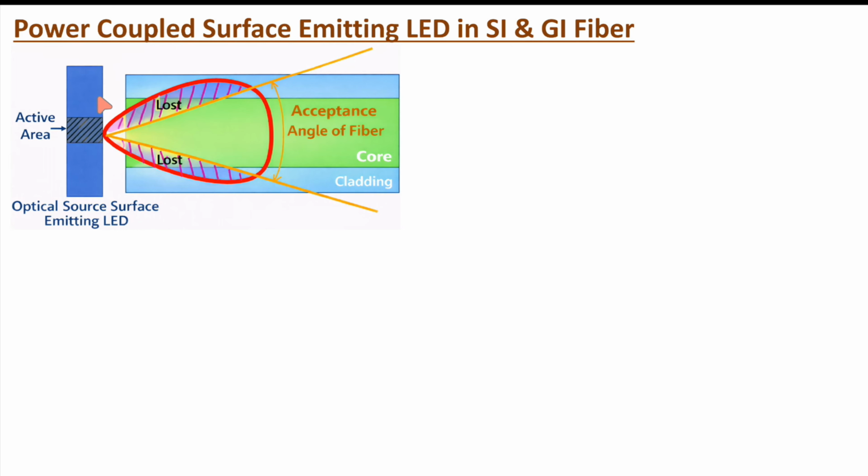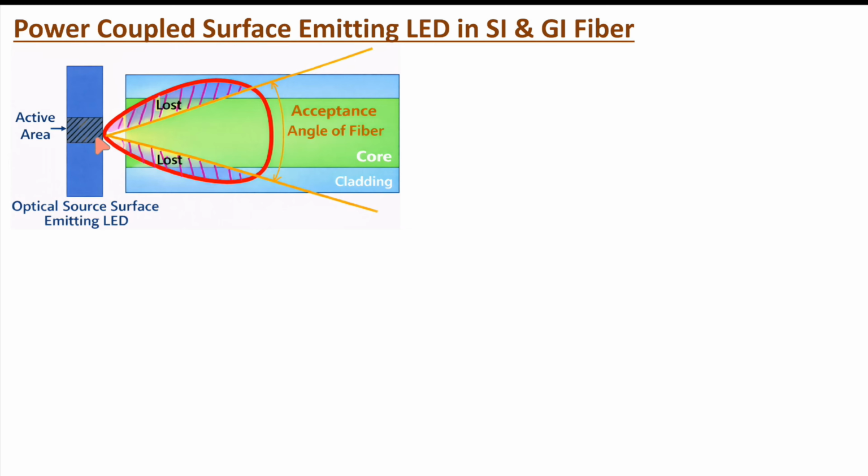Here you can observe we have a surface emitting LED. This surface emitting LED has an active area over here, with maximum radius Rm. Here we have an optical cable, with a core region and a cladding region.